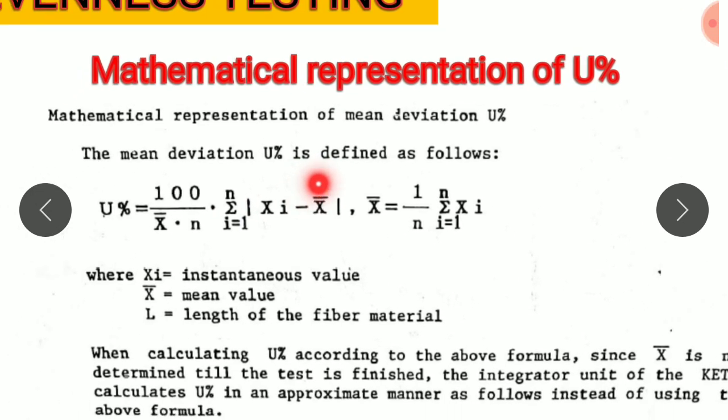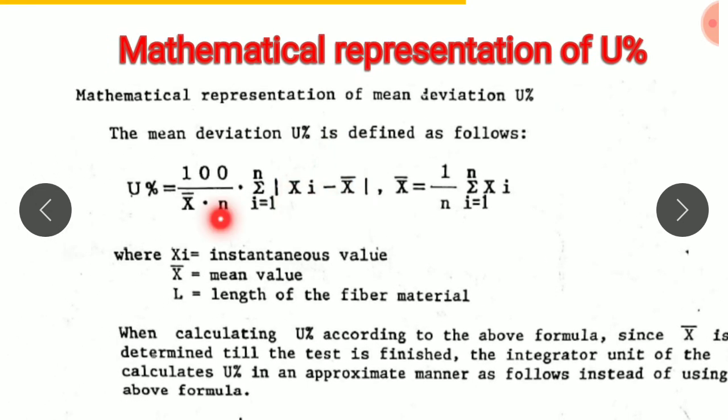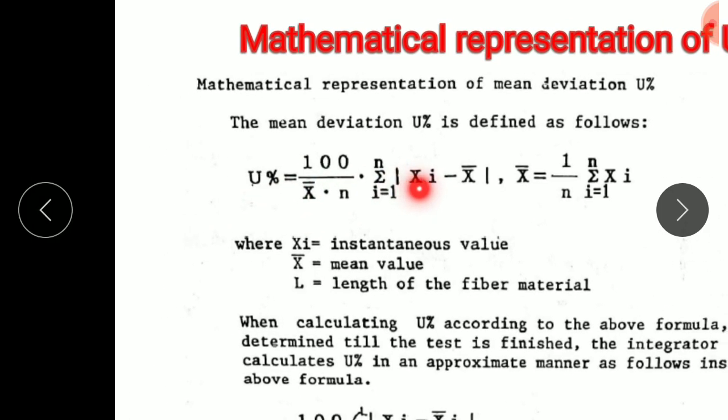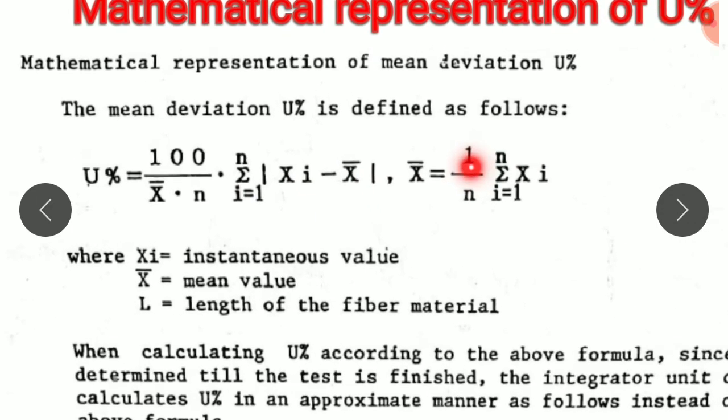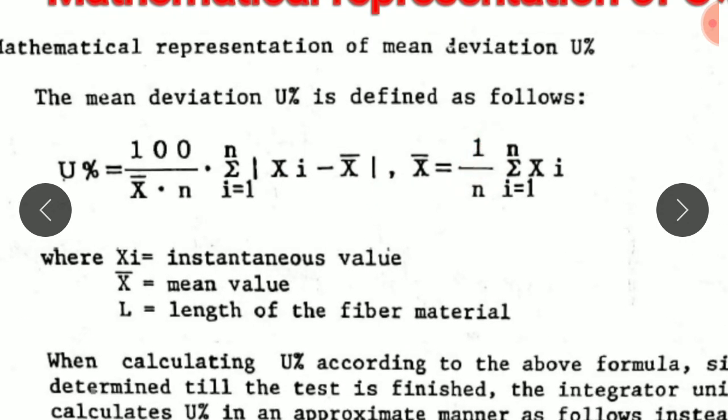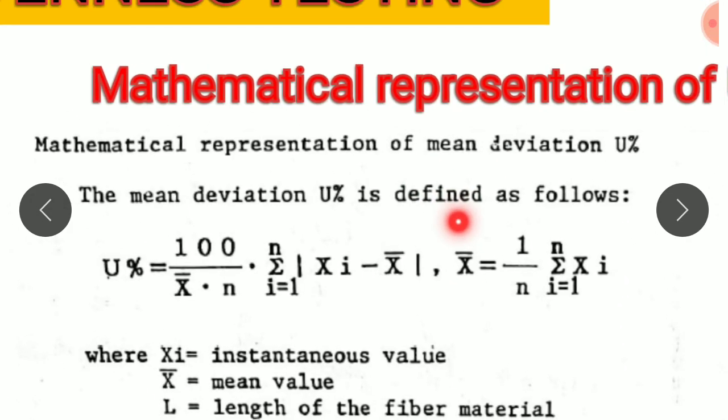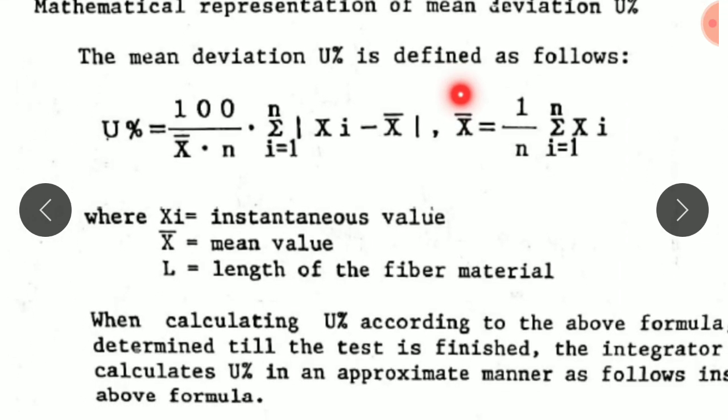This total deviation is divided by the number of readings and expressed as a percentage of x bar. This is the PMD, the theoretical representation of percentage mean deviation in numerical, mathematical terms.